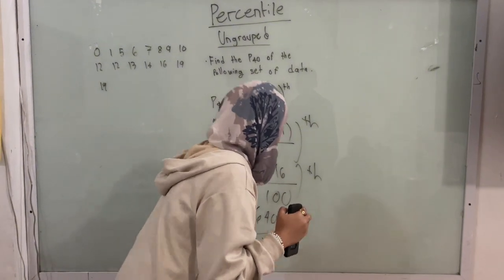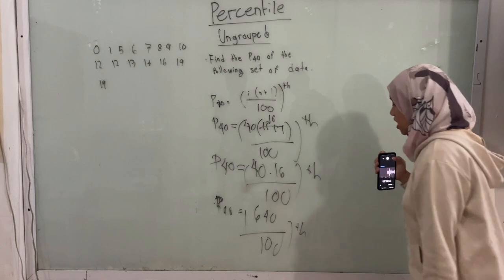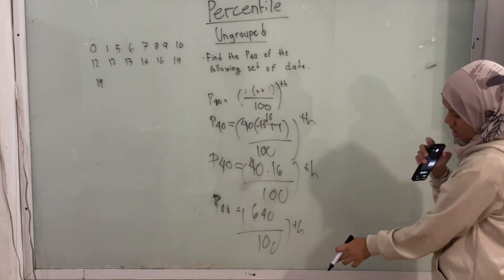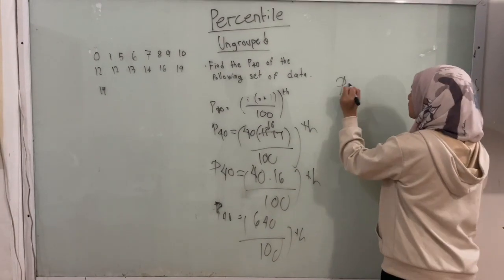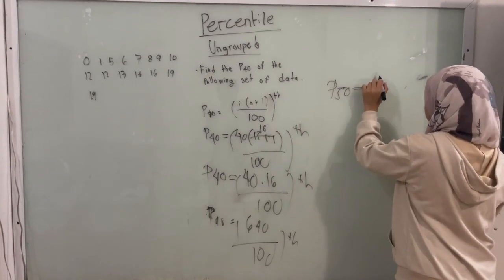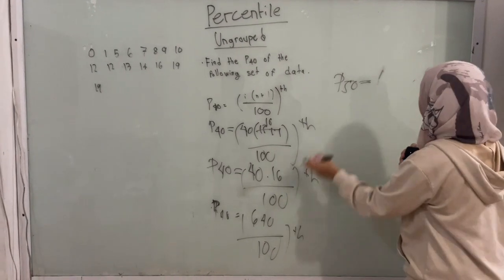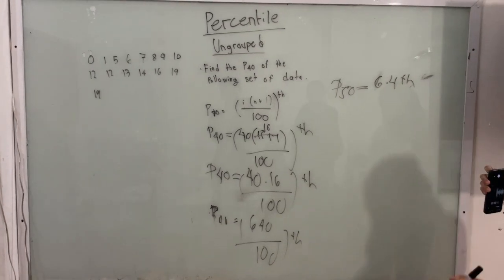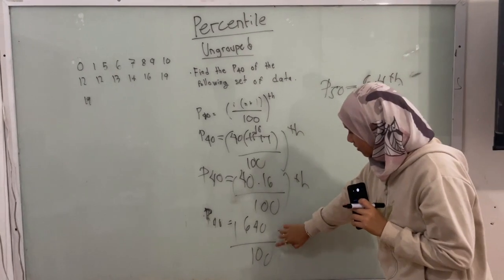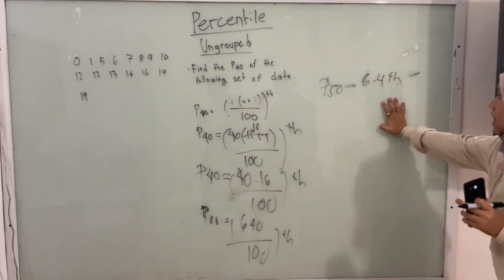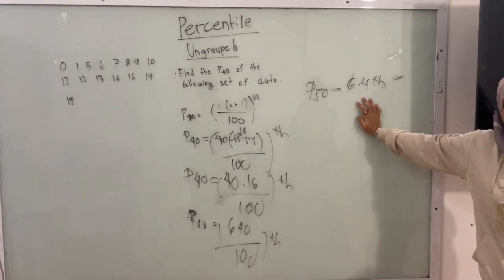So, i-divide naman natin yung 640 sa 100, is equals to 6.4. So, bale, nung na-divide natin yung 640 sa 100 is result niya is 6.4.